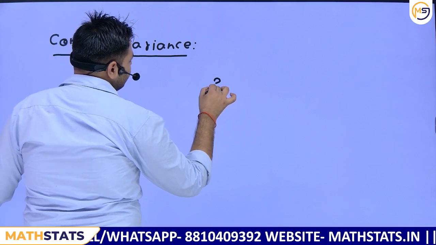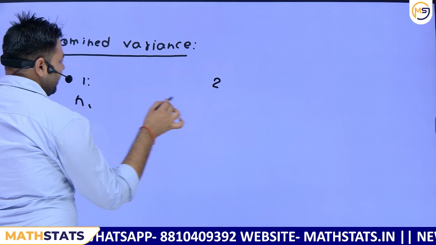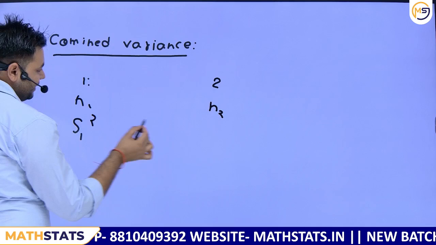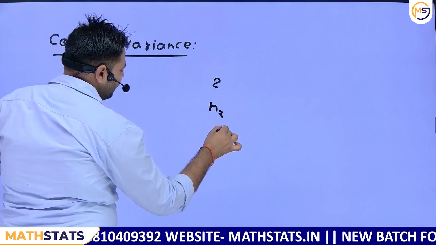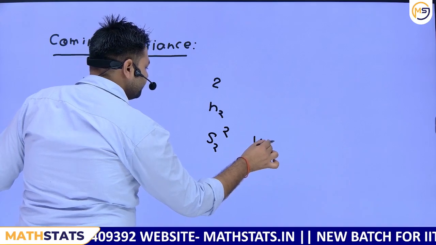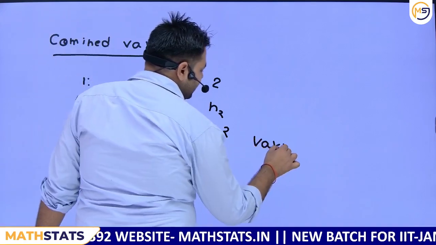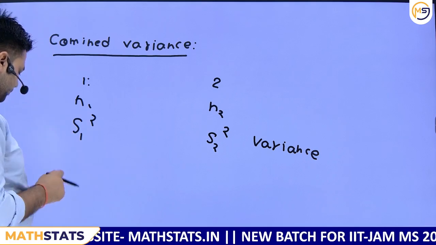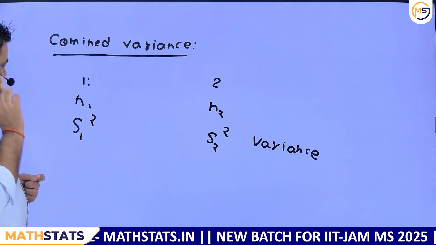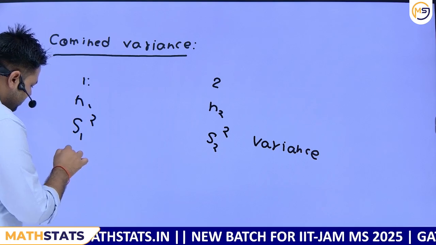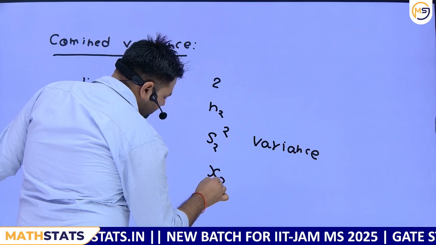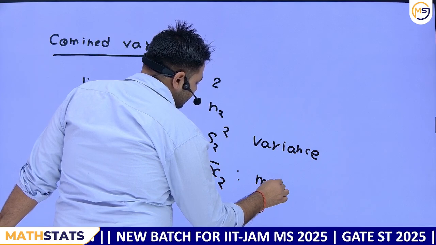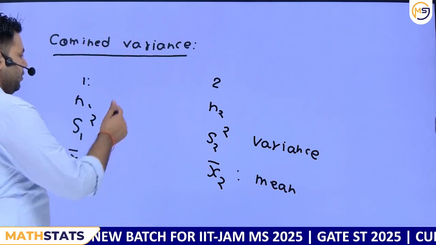We have n1 terms and n2 terms, with sample variances s1 square and s2 square, and sample means x1 bar and x2 bar. Okay, we have two series.